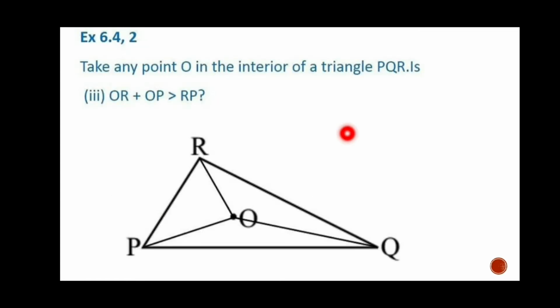Now the third part of this question is OR plus OP is greater than RP. So we have to take now this triangle.